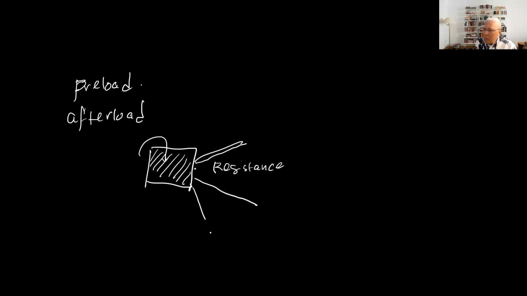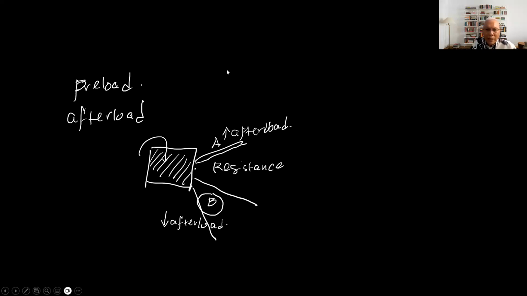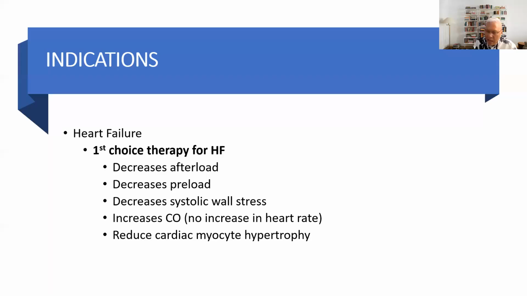Compare that now if your blood vessels are going to be this big. So A versus B. Which one is going to have a lesser resistance? Letter B is going to have a lesser resistance. So we call this a decrease in afterload. So it becomes easier for the heart, therefore, to empty its contents. When you have an increase in afterload, such as what happens when you have hypertension, for example, the heart has to work extra hard in order to pump blood against this vasculature. So that's the difference between preload and afterload.